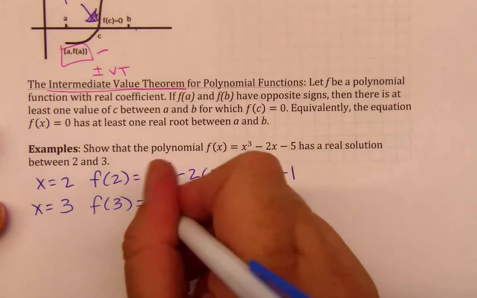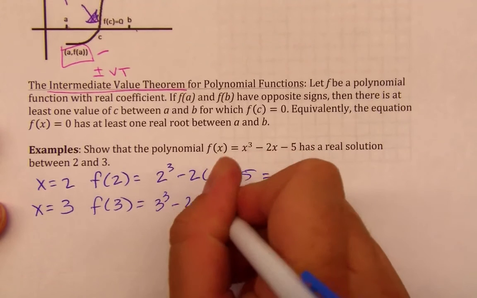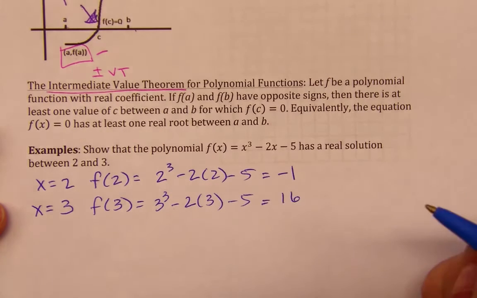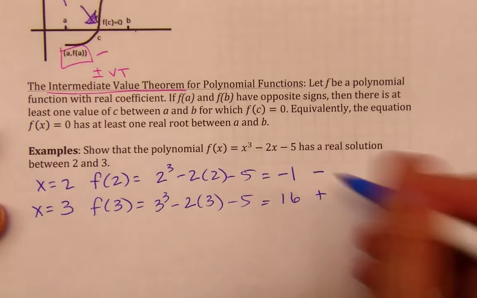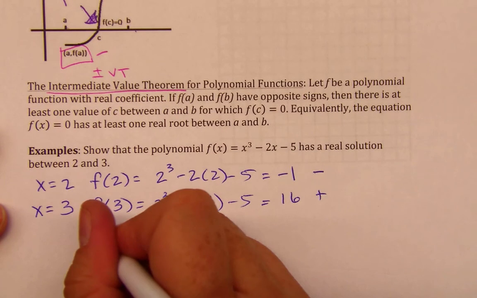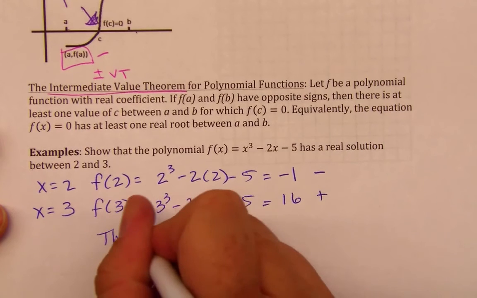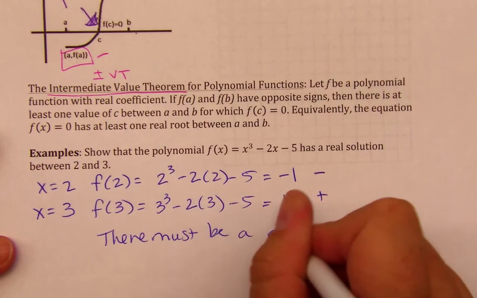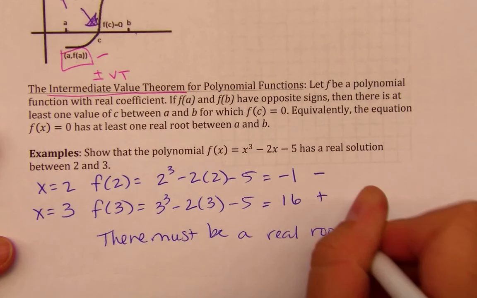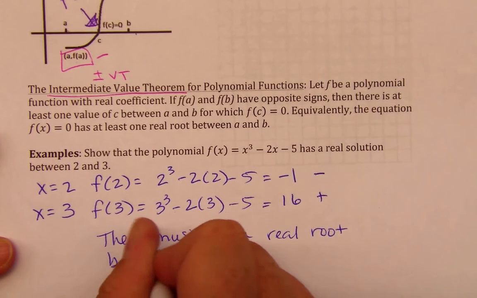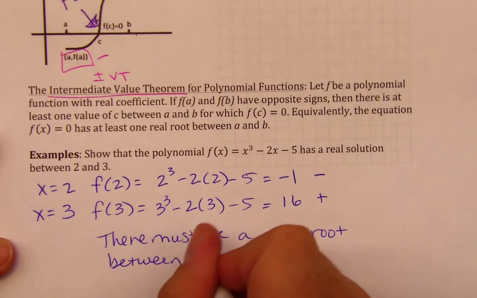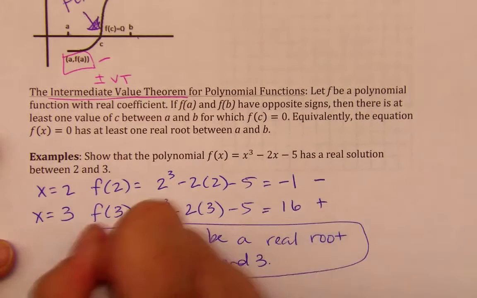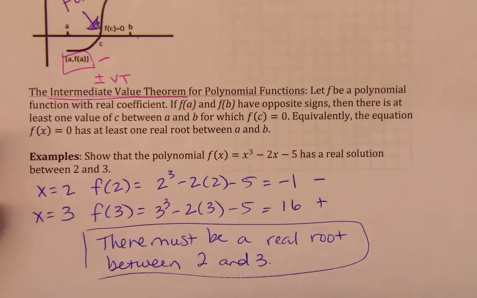And then we have 3 cubed minus 2 times 3 minus 5, and that's equal to 16. Well, we have a positive 16, we have a -1, so what that means is there must be a real root between 2 and 3. And that's how your answer should be phrased, and I should see this evidence right here.